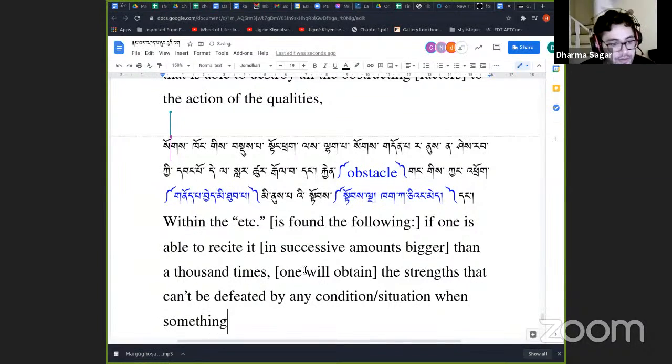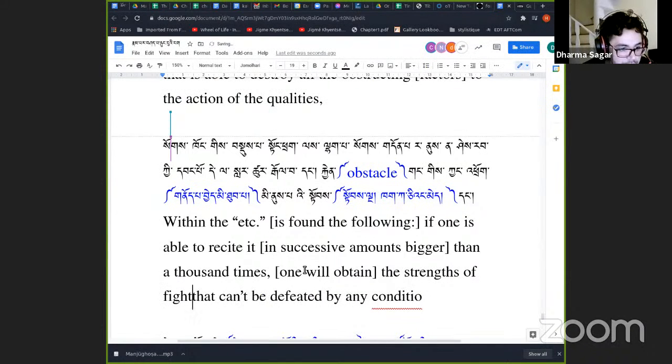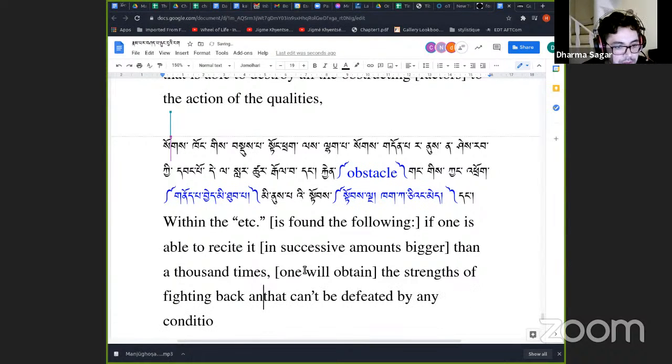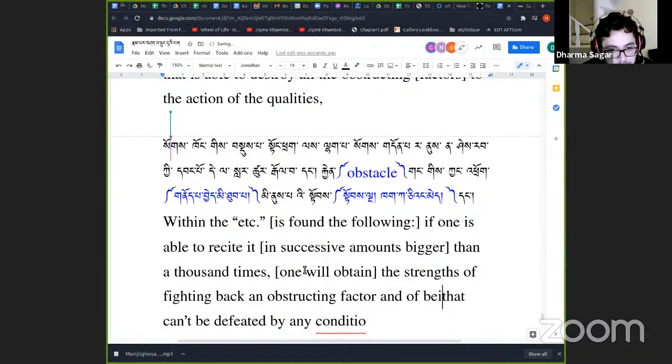One will obtain the strength of fighting back an obstructing factor and of being undefeatable by any condition.